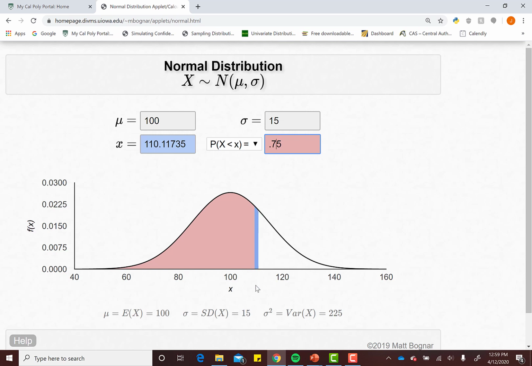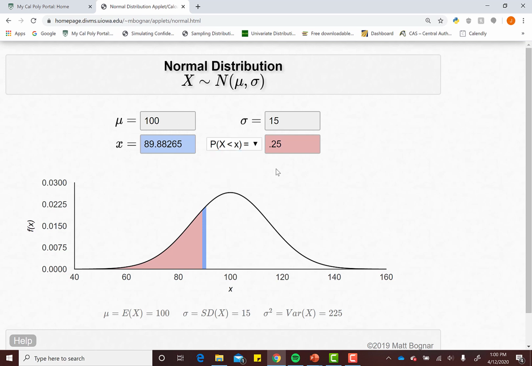So these two values, 110.12 roughly, and 89.88, if we look at those two values, roughly 50% of people fall between those two IQ scores. So this is kind of a workaround, since this distribution calculator does not give you greater than or less than if you wanted to change your mean and standard deviation.